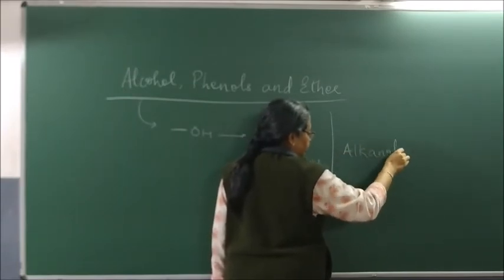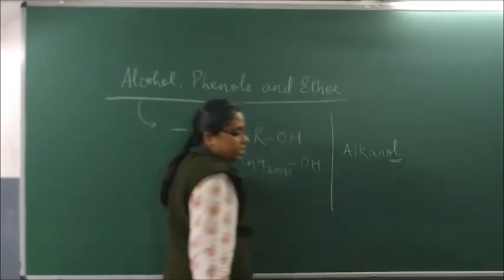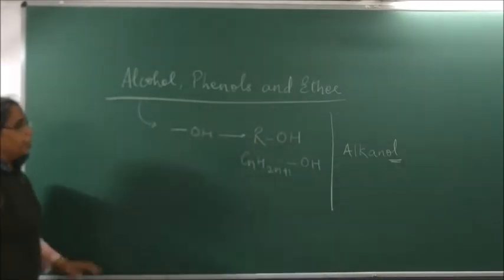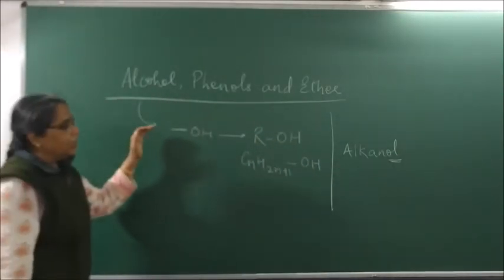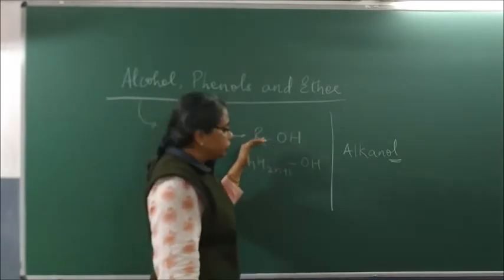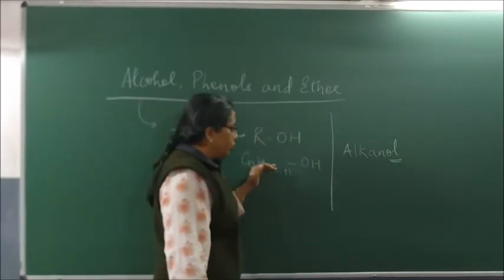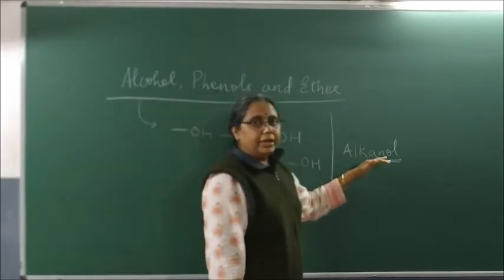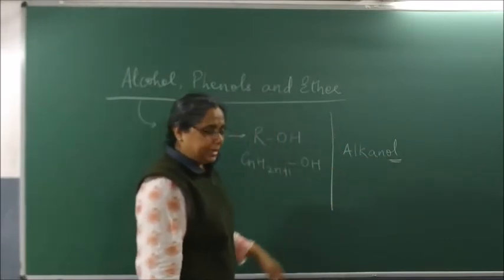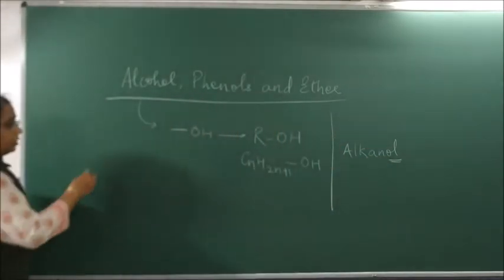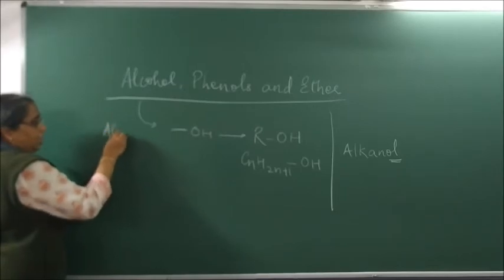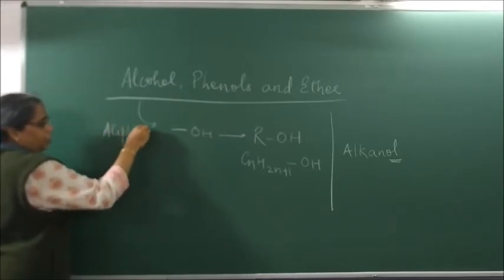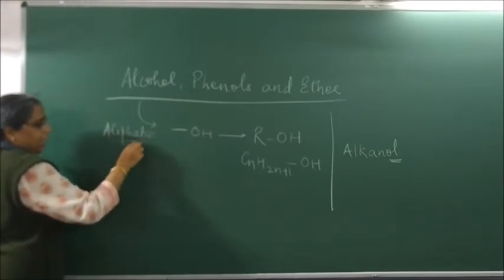Alkanol. The suffix added is what? OH. So alcohols basically are represented as ROH, general formula CnH2n plus 1 OH, and it is represented as alkanol. This was what alcohol? Aliphatic alcohol or open chain alcohol.